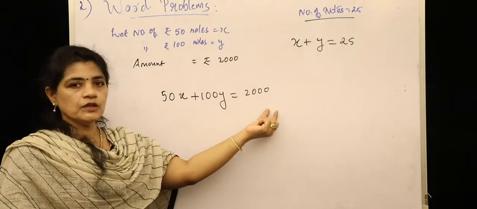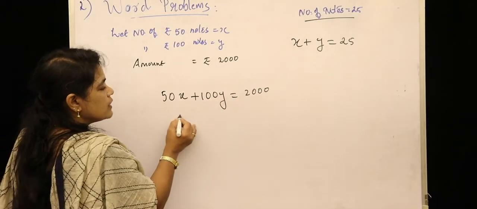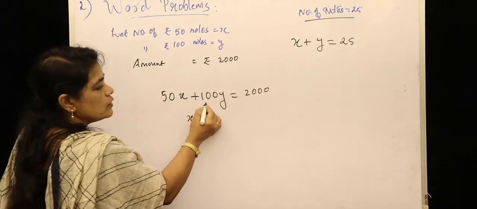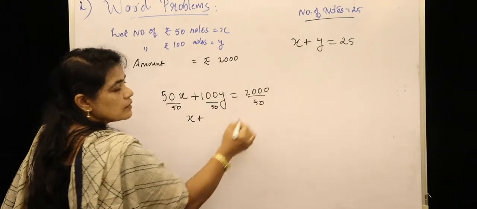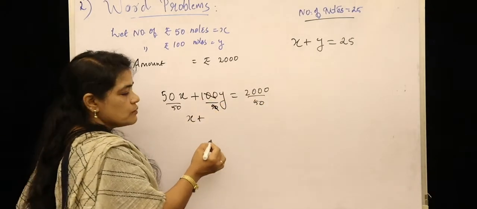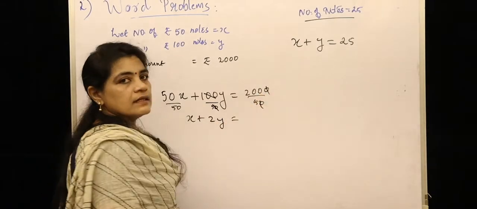Now after looking at this, it can be easily simplified. 50 is a common factor. If you divide each term by 50, both LHS and RHS, 50 in 100 is 2 times, so 2y. The zeros get cancelled.